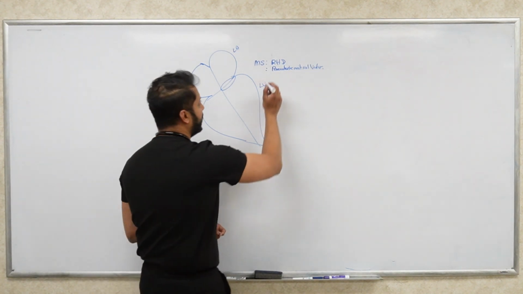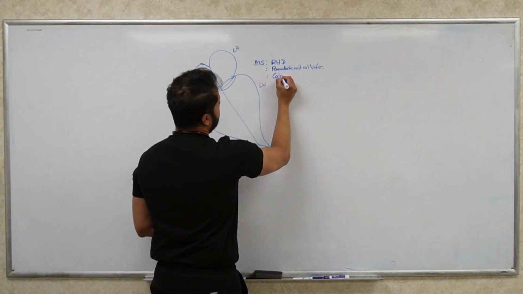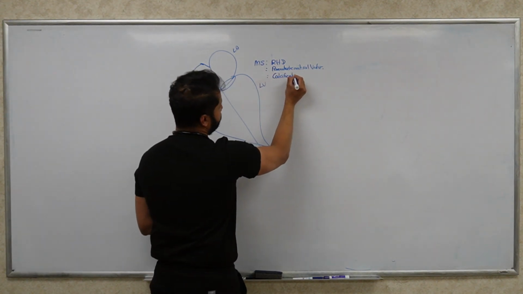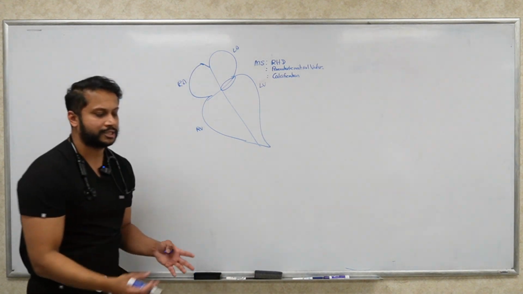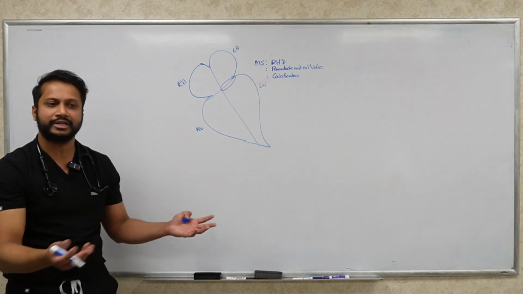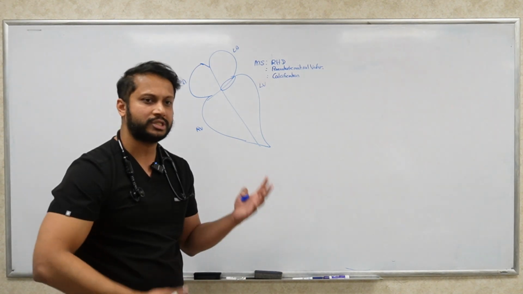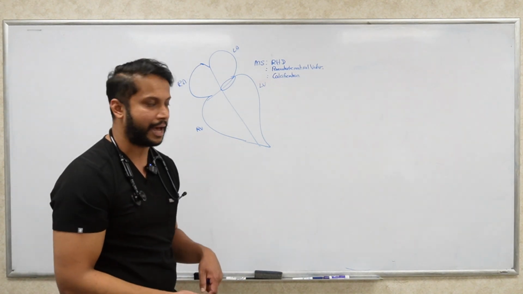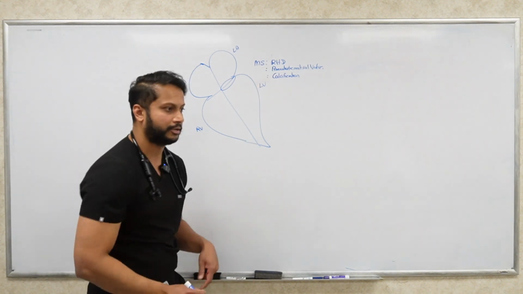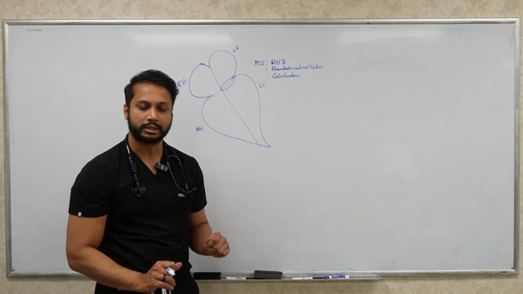Okay? Then apart from that, just simple calcification. Just like your aorta gets calcified and your coronaries get calcified, your valves also get calcified. Atherosclerosis is the same process, calcification is going to happen, and as a result you'll end up with mitral stenosis. So these are your 3 most important causes.